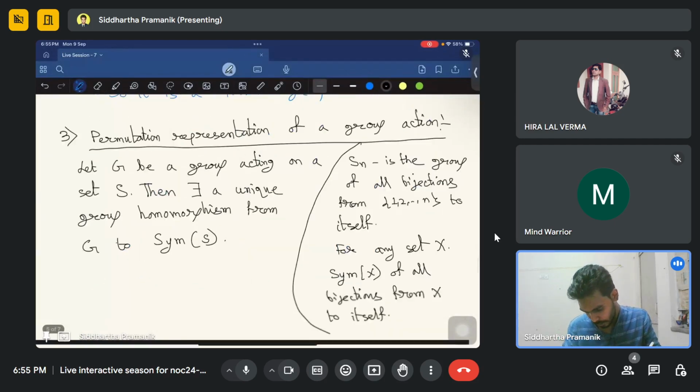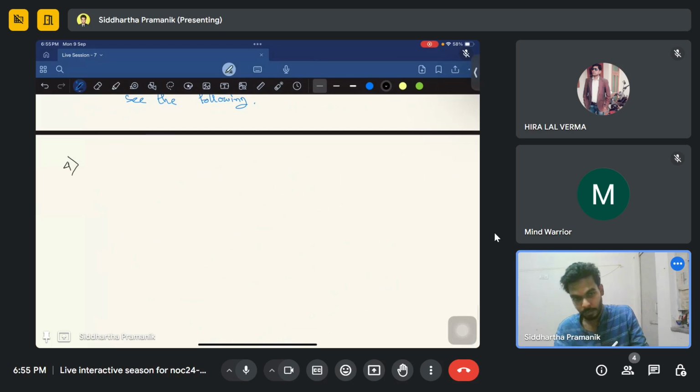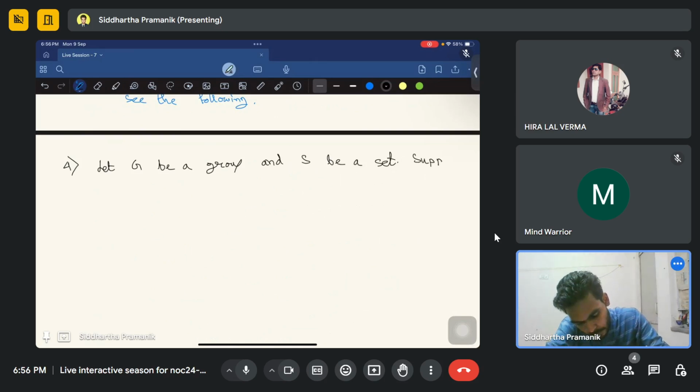This is problem number 4. So let G be a group and S be a set. So suppose f from G to Sym(S) is a group homomorphism.